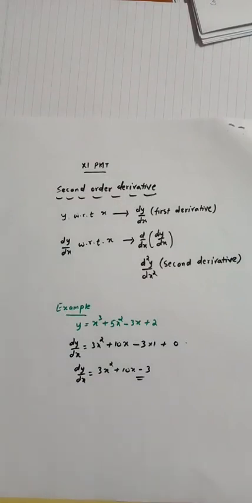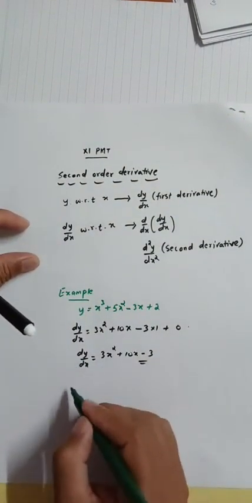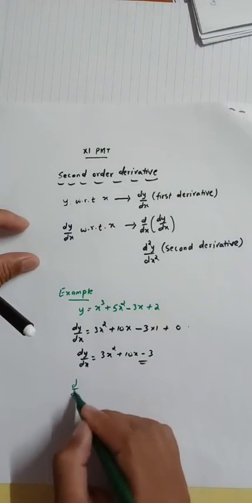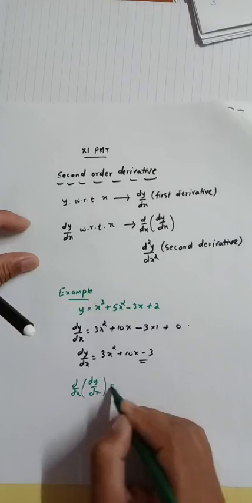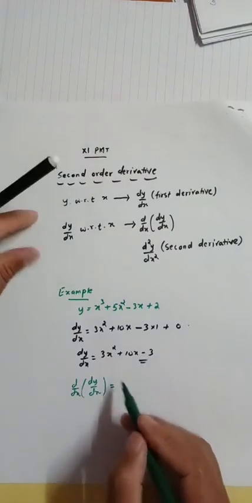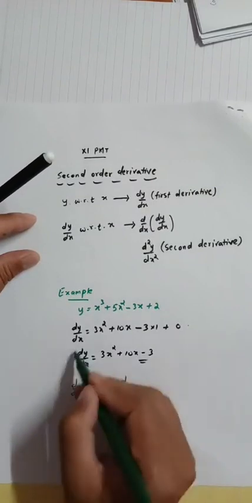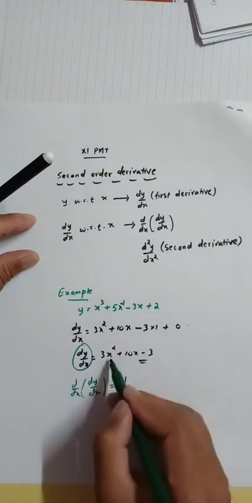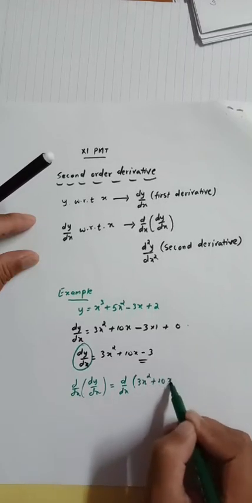Now I need to find the second derivative. We differentiate the first derivative: d by dx of dy over dx, which is equal to d by dx of 3x square plus 10x minus 3.